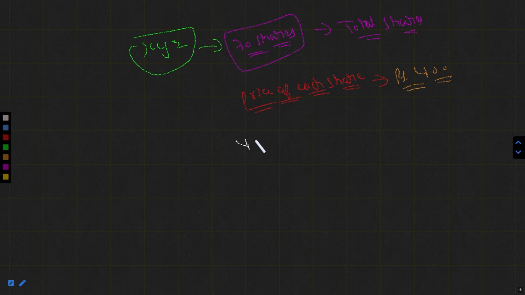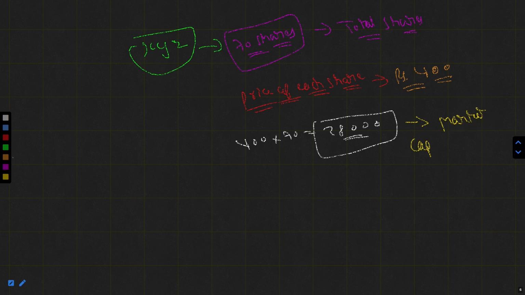Total market capitalization will be 400 into 70, equal to 28,000. Okay, for example, this is just made up, no issue, just for example. So this 28,000 will be the market capitalization. Okay, that's what we had seen.